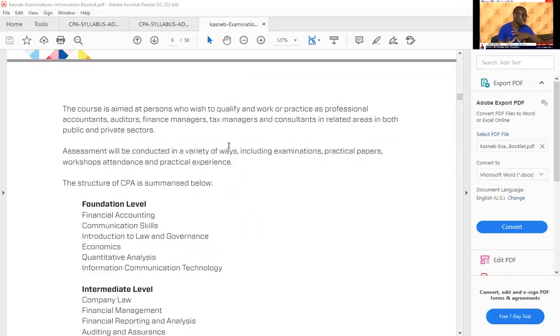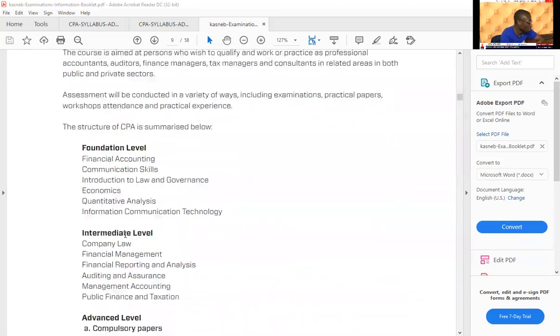Now it has been substituted by the aspect of levels, whereby we'll be talking about the foundation level. Under the foundation level, we'll be expected to have the following units, which you can clearly see here on the screen. We'll be having financial accounting, communication skills, introduction to law and governance, economics, quantitative analysis, information communication technology. I'll be elaborating this further as we go ahead.